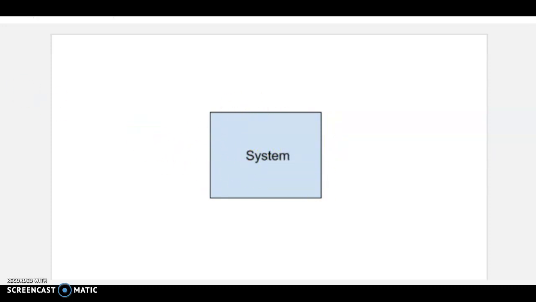Right now, this box is representing our system, so everything outside of this box is going to be our surroundings.